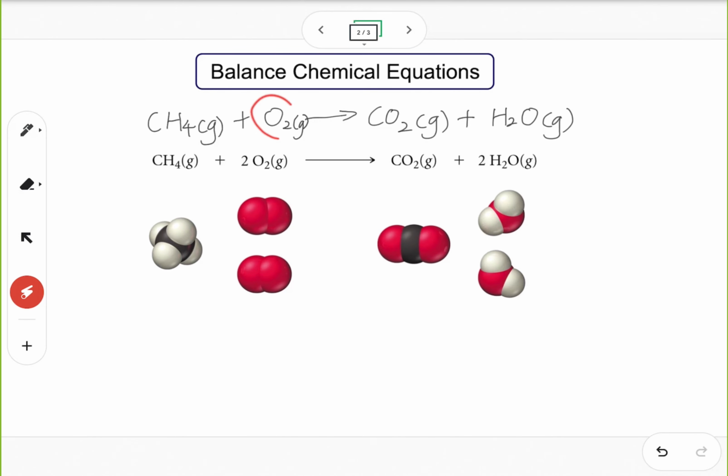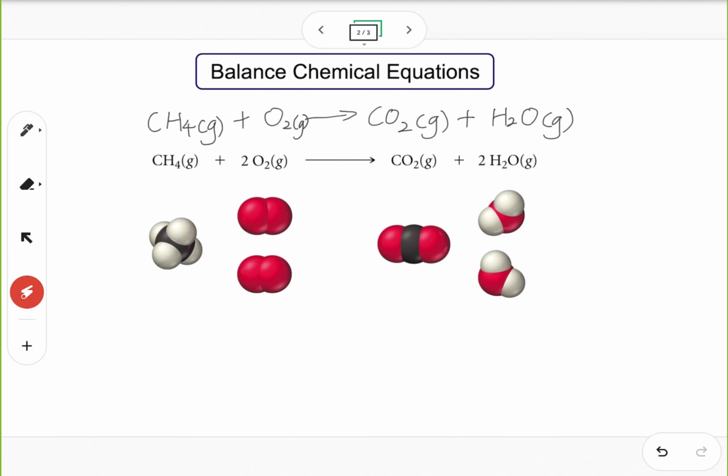Same thing for oxygen. You have 2 oxygen atoms on the reactant side, and you have a total of 3 oxygen atoms on the product side, 2 here and 1 here. And again, you only have 2. Where does that third oxygen atom come from? You cannot create an atom from nowhere.